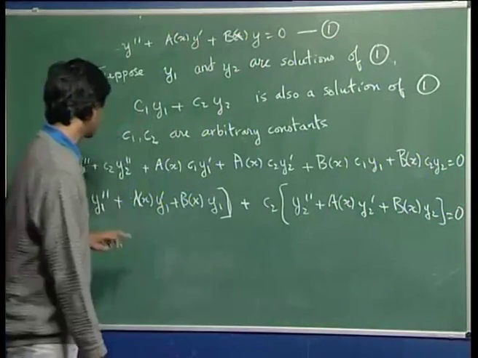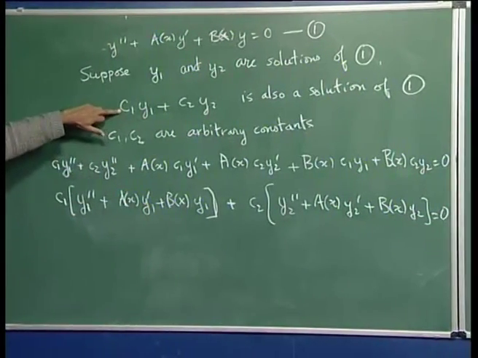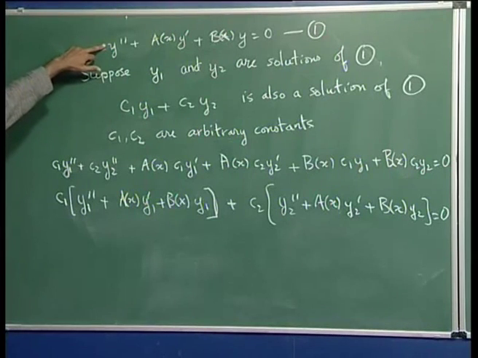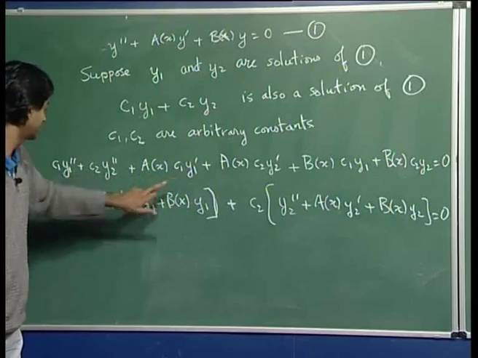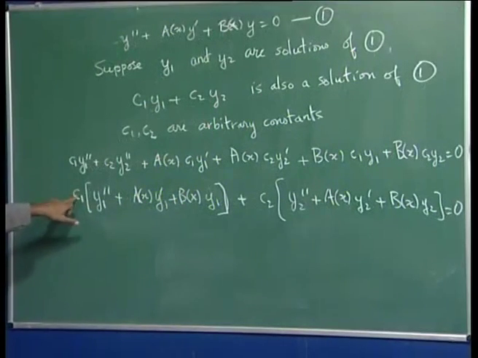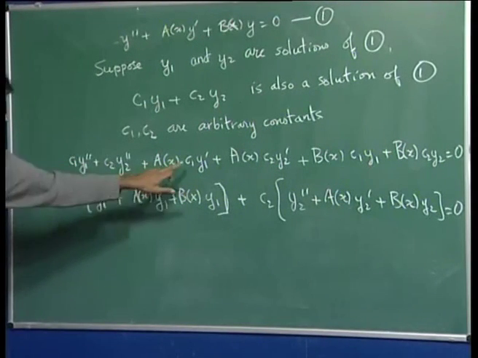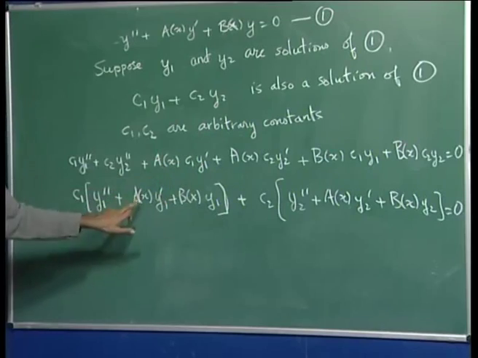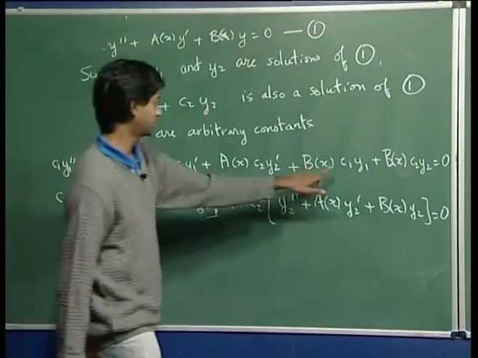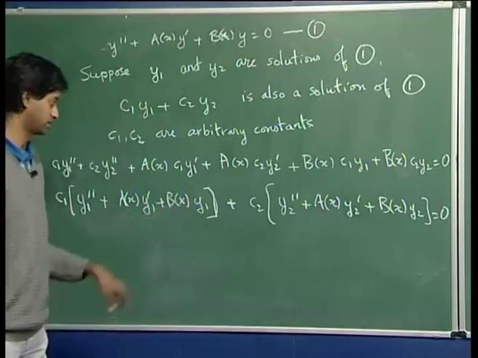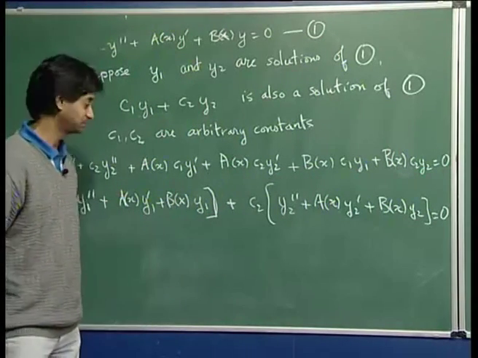Okay. So, what I did is I substituted this in this equation, and then I take the terms containing C1. So, I have first term is C1 y1 double prime, then I have C1 y1 prime A of x, and I will get C1 B of x y1, and similarly with C2.